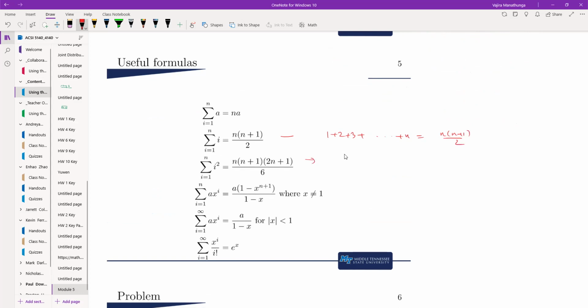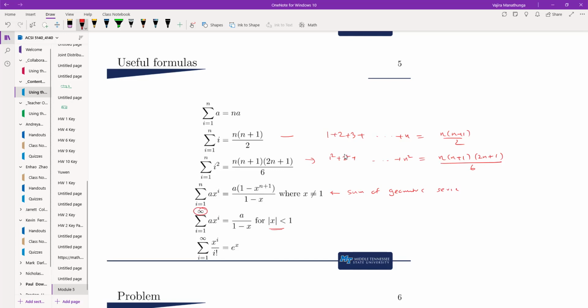And if you want to add 1 squared plus 2 squared all the way up to n squared, then the sum is n times n plus 1 times 2n plus 1 over 6. Then you have the geometric series, and here you have the sum going to infinity.